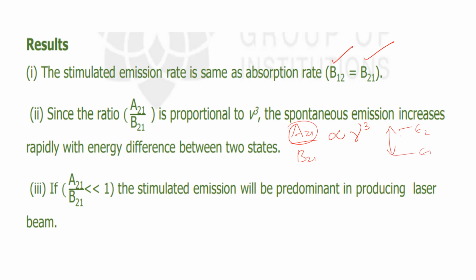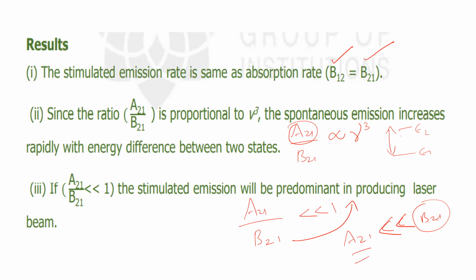If A21 by B21 is very much lesser than 1, then B21, which is the stimulated emission process, will be predominant, very much greater than the spontaneous emission process.